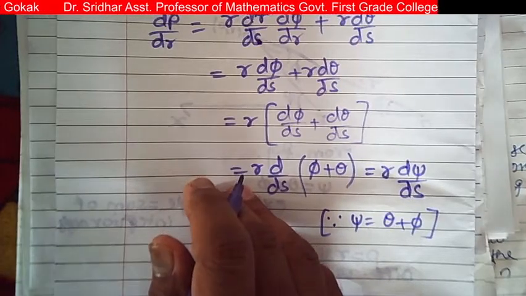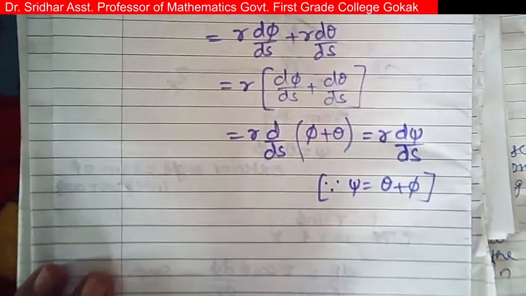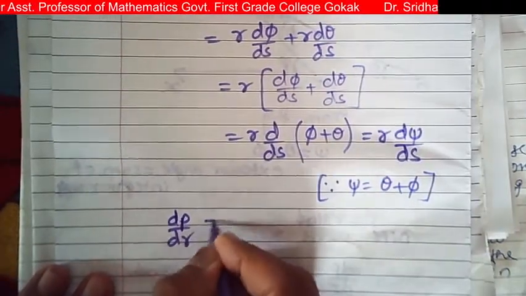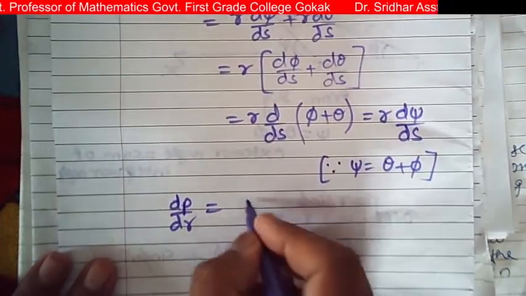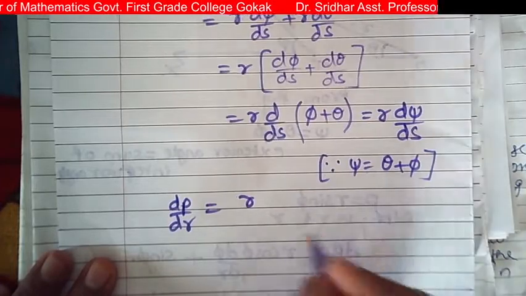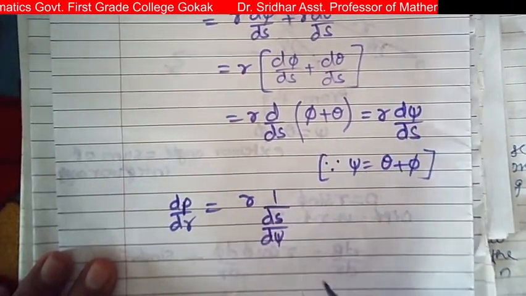So now, dp by dr is equal to r times d psi by ds, which can be written as 1 divided by ds by d psi.